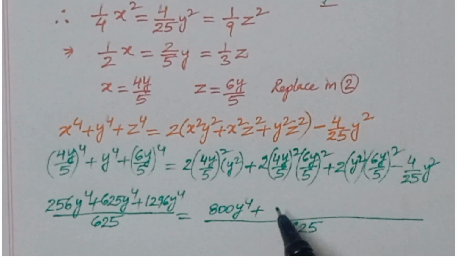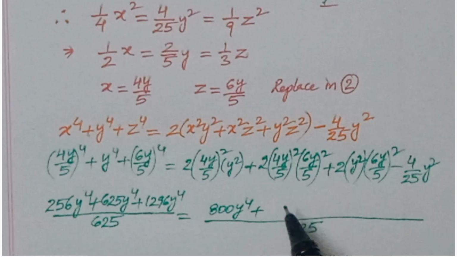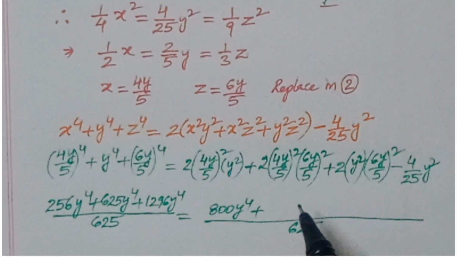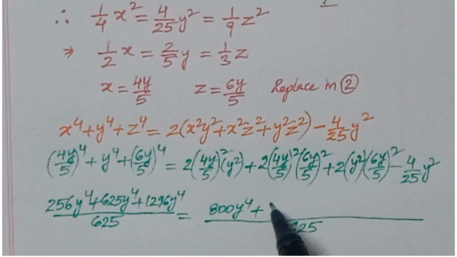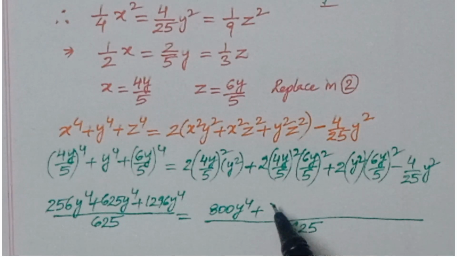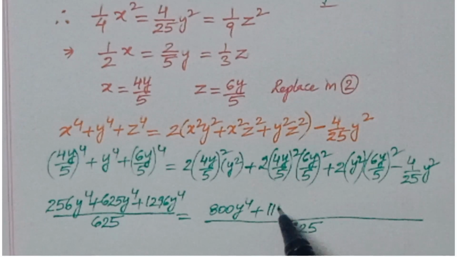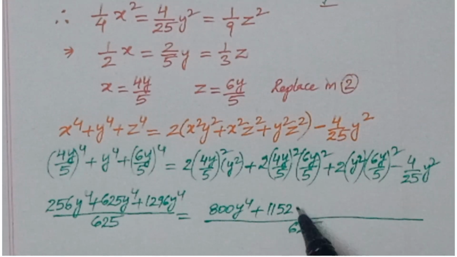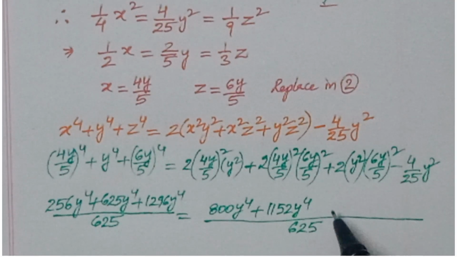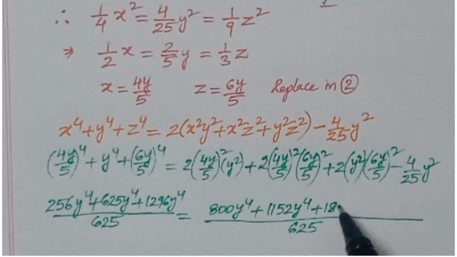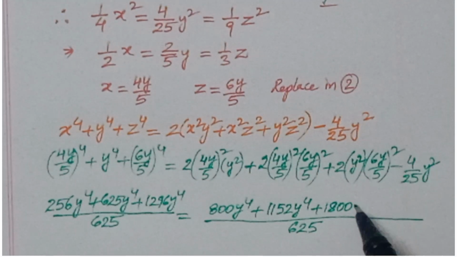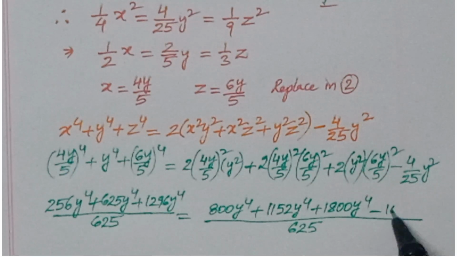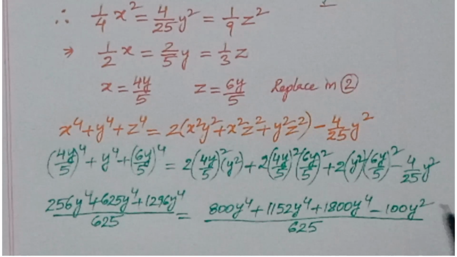The second one will get 1152 y to the power of 4 plus 1800 y to the power of 4 minus 100 y square.